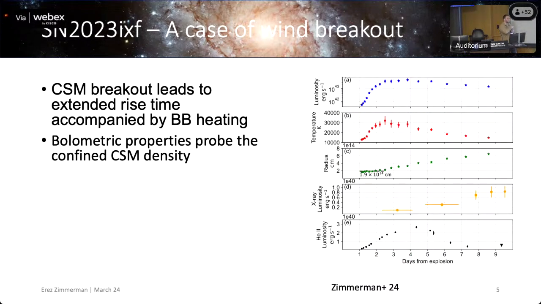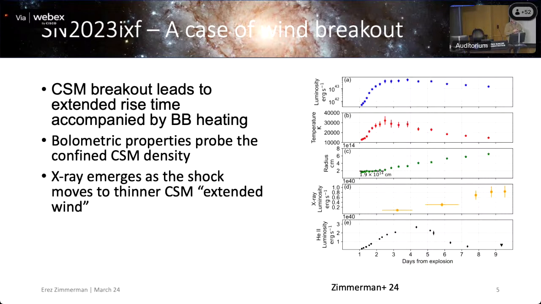Okay, so the shock moves through a confined CSM. We probe the amount of mass that we have in the CSM, but then the shock reaches a new phase of the CSM, and we start seeing X-rays. The reason I call this a new phase of the CSM is because the X-rays are 2 to 3 orders of magnitude less bright than the UV optical, which means that you must have had a drop in density, which we named the extended wind.